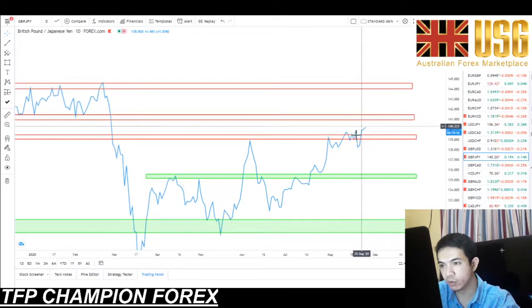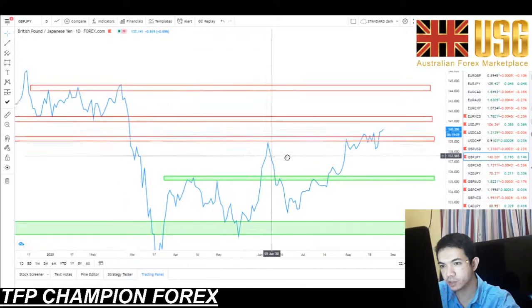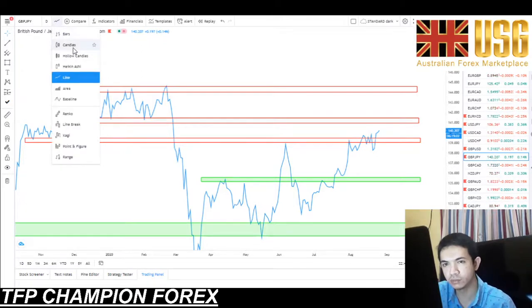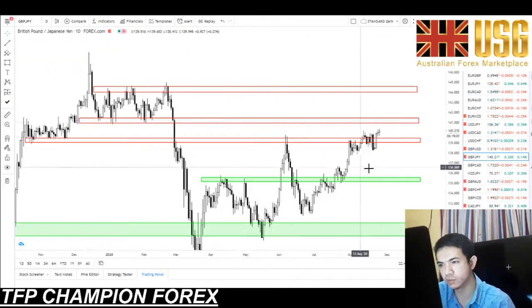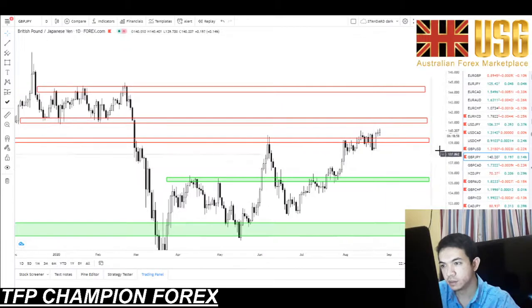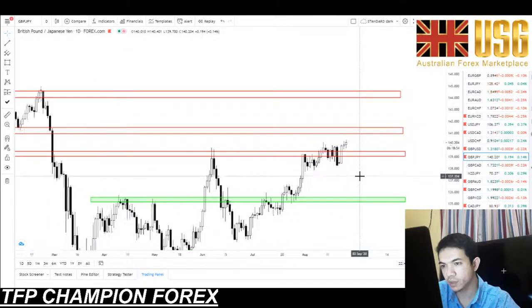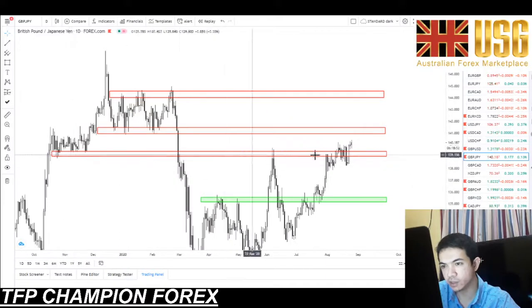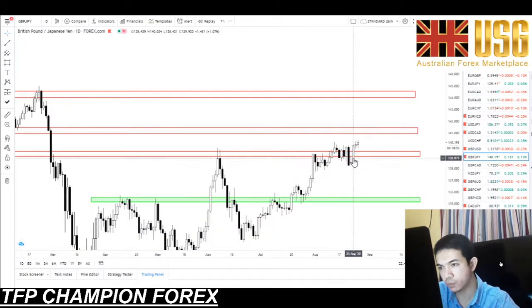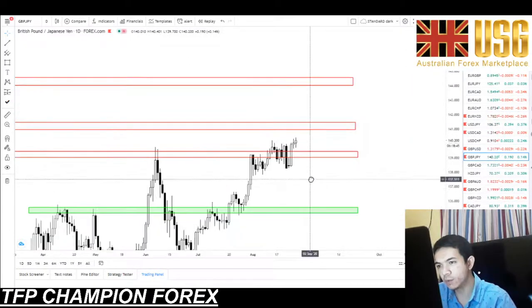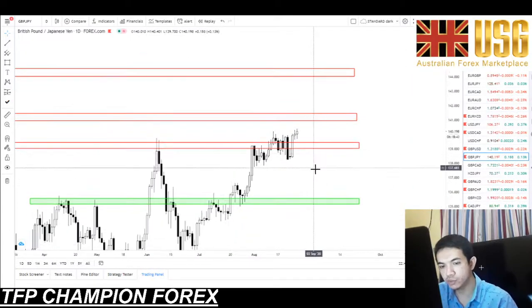The price broke through this level, so we know that this was once, okay, I will now go back to candlestick chart. So we know that this was once a support and now the price broke through that.